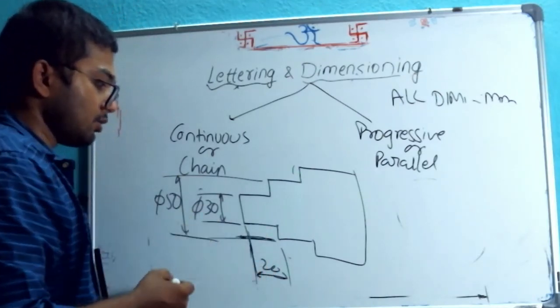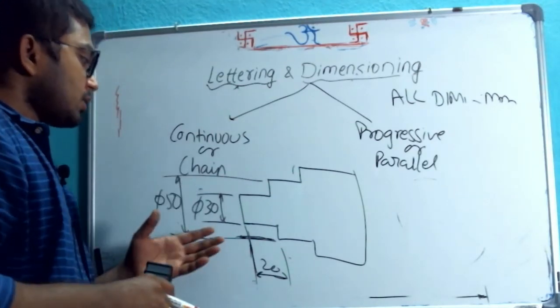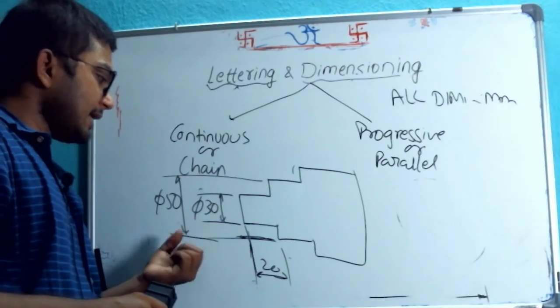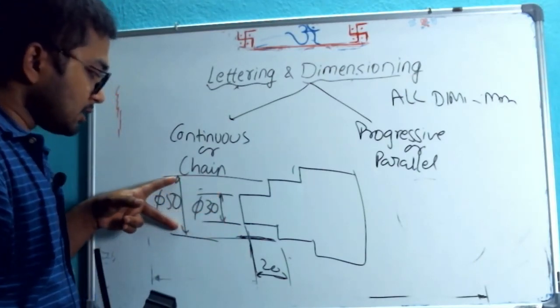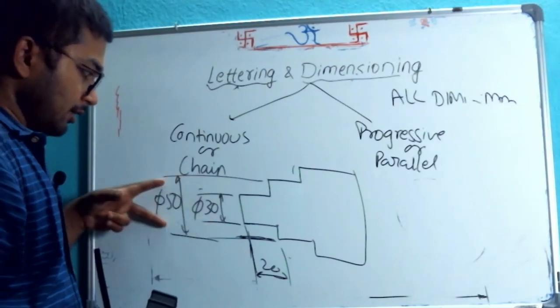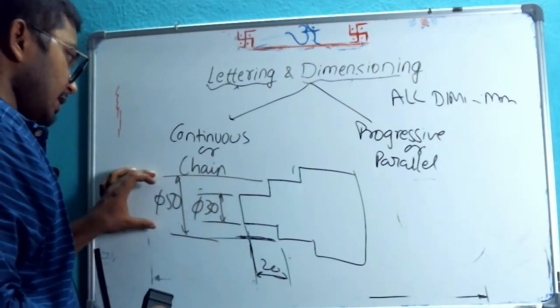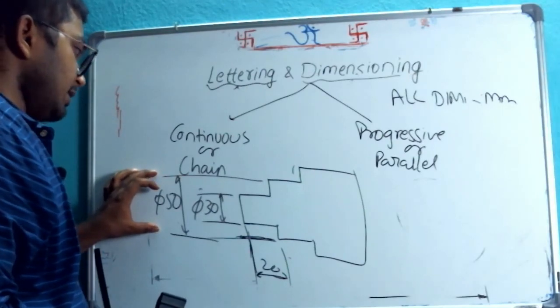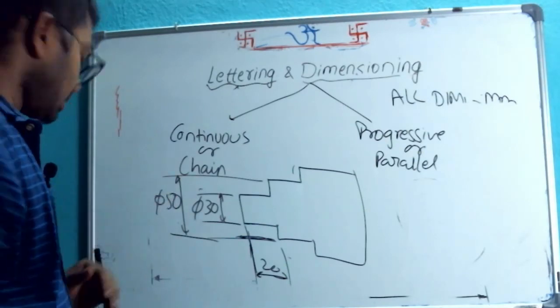But dimensions should not cross each other, right? Also, one more thing, for simplicity and clarity, smaller dimensions are written first and bigger dimensions are written later, away from the actual feature. We will extend the extension lines accordingly, and then we will place the dimension there.